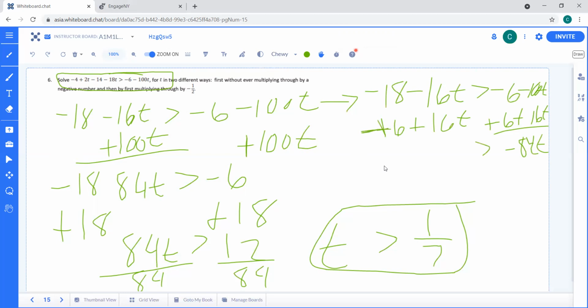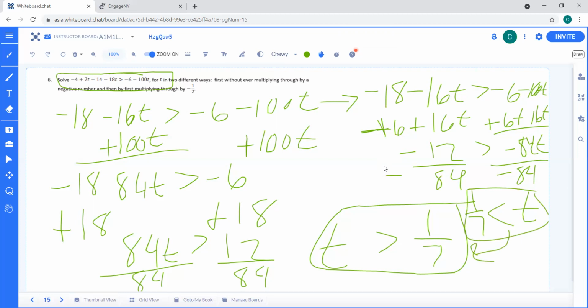That's going to give me a negative 12. Why do they want to multiply through by negative 1/2? I guess maybe to make these numbers smaller. Seems dumb to me. I would just divide by a negative 84. And when we do that, we have to flip the sign. And that would be t a positive 1/7. And if you notice, it's the same thing, just written reverse.